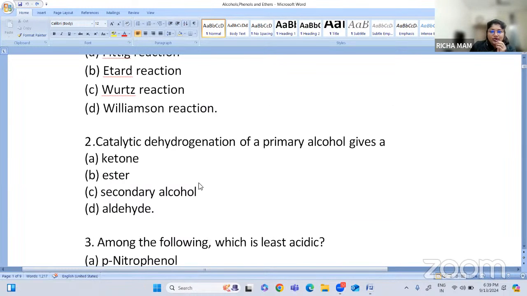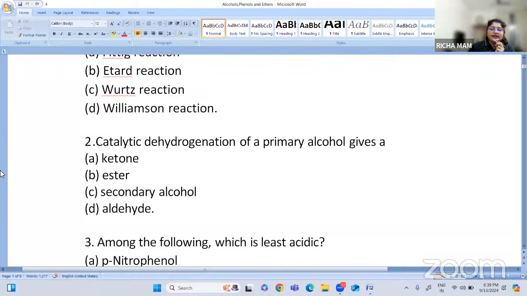Catalytic dehydrogenation of a primary alcohol gives: A ketone, B ester, C secondary alcohol, and D aldehyde.